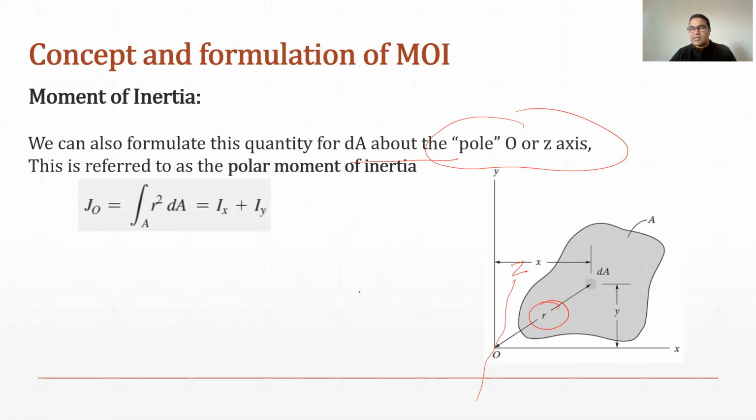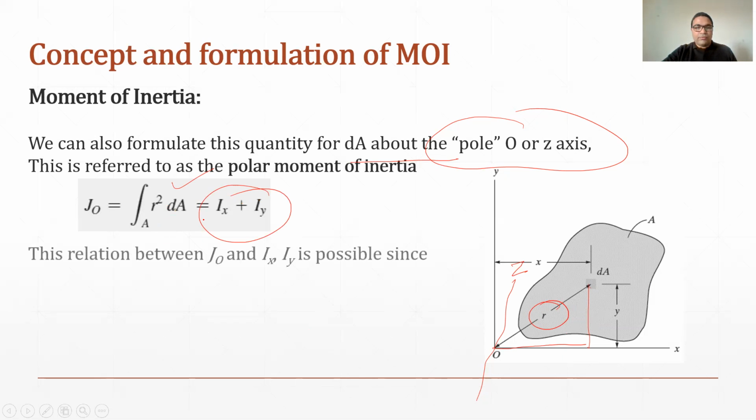You can see here, this is y and this is the z-axis, so this makes a right triangle. We can use the Pythagoras theorem to formulate the polar moment of inertia as the summation of Ixx and Iyy. The relation is possible because r square equals x square plus y square.